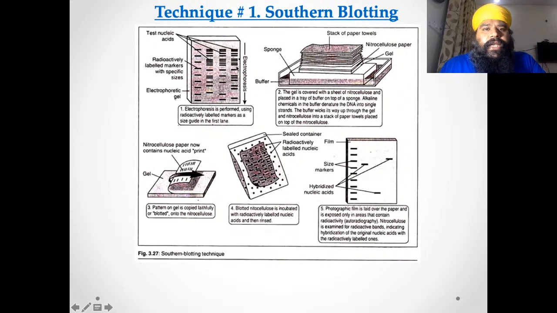After running the gel, all your DNA samples will be separated, and you can put the gel over the buffer and make a stack of paper towels on top, and transfer over to the nitrocellulose membrane, like we have been discussing for the last 2 or 3 days. After the transfer, you take out your nitrocellulose membrane and incubate it with the particular radioactively labeled probe, and then you watch the hybridized nucleic acid.